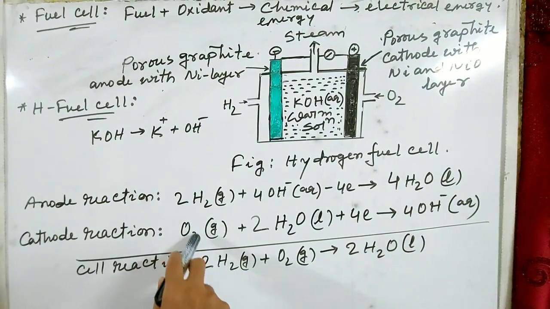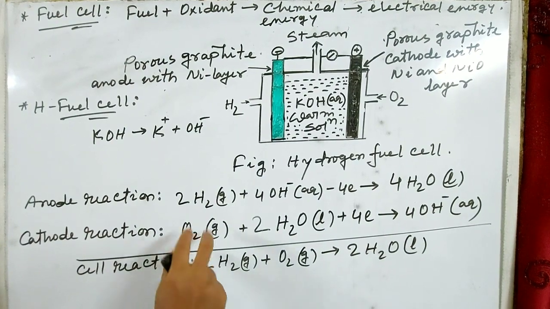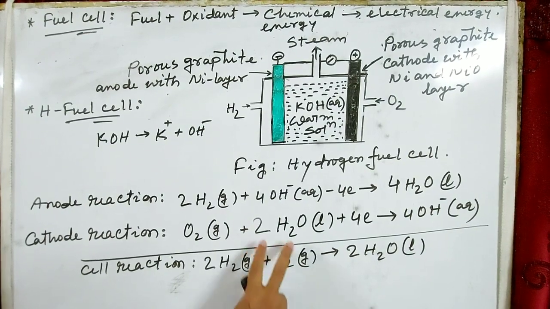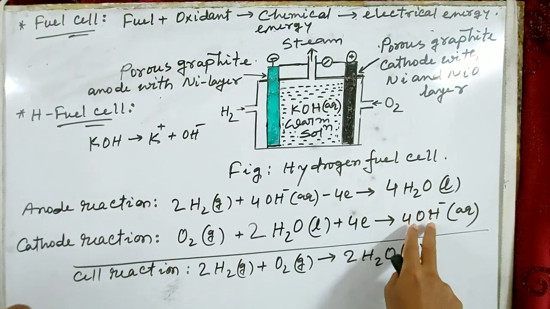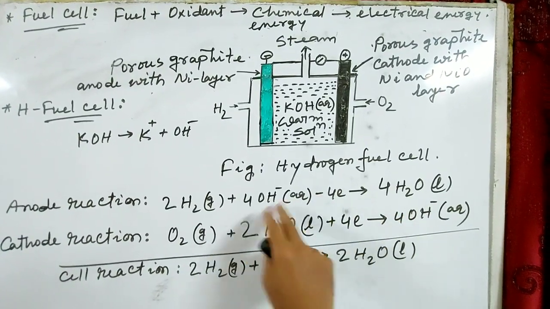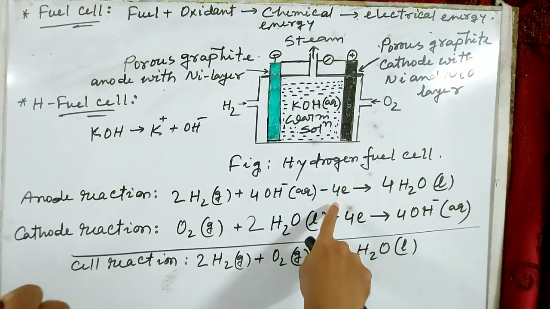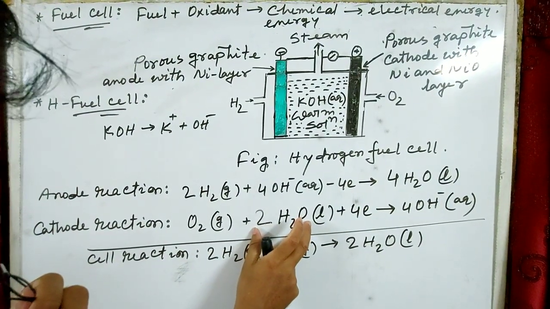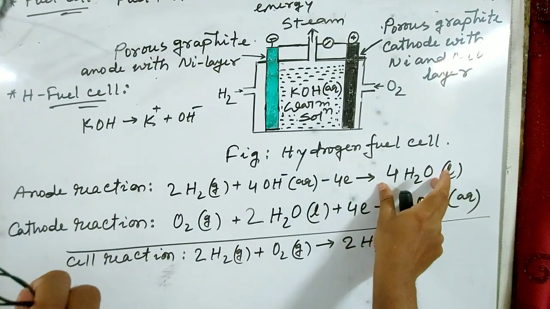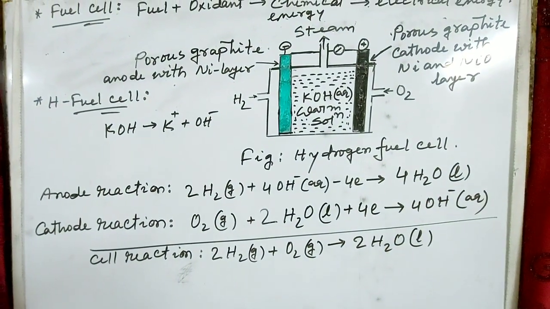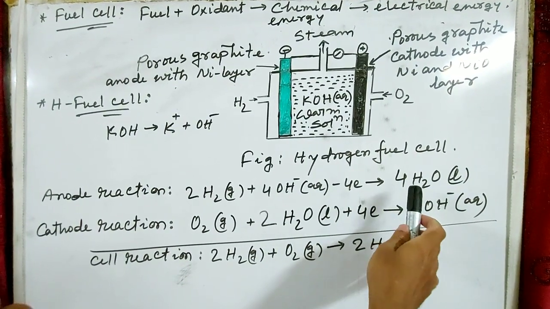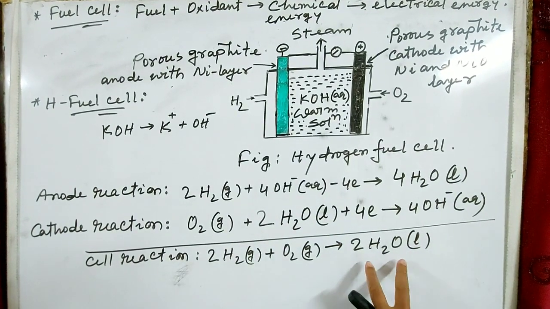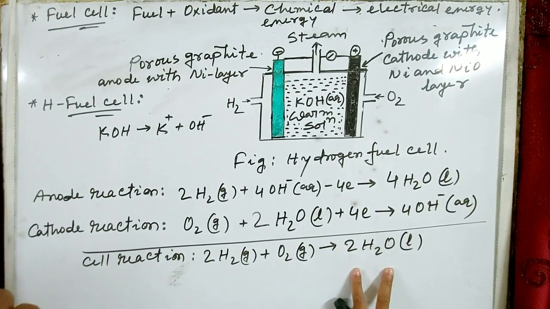Then after addition, 2 molecules of hydrogen plus 1 molecule of oxygen, and the 4 hydroxide ions and 4 hydroxide ions are crossed out with one another, and electrons are crossed out also. At the left side there are 2 molecules of water, and at the right side there are 4 molecules of water. So after subtraction of water molecules from right to left, the remaining water molecules are 2 molecules.